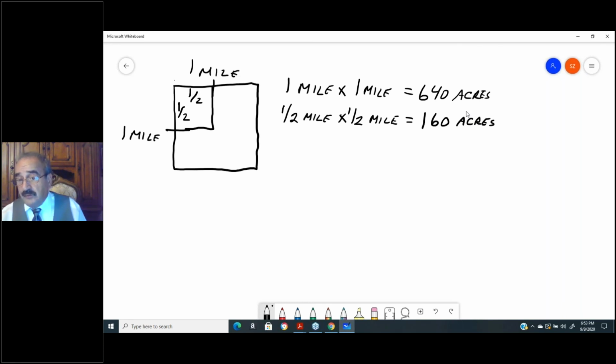Let's do fractions. Remember a long time ago? Probably about 4th grade, we had to do fractions. So let's do fractions. 1/2 times 1/2 equals 1/4. 1 times 1 is 1. 2 times 2 is 4. 640 divided by 4 is 160.